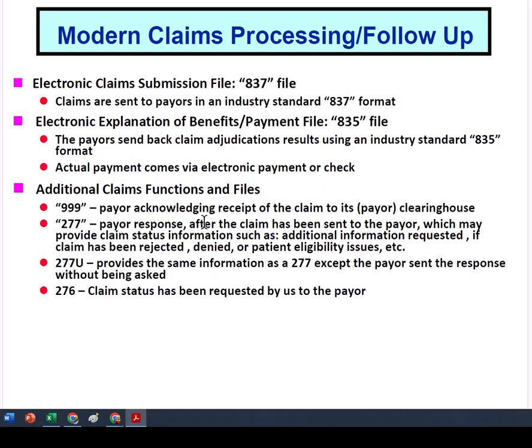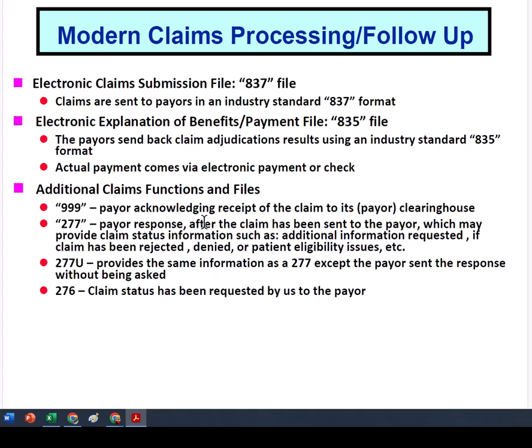And then we came up collectively with standard file formats, so that we didn't have to have a different electronic file format for every different payer. So the claim submission file format is called the 837 file. That's what we submit in that format to the payer. The explanation of benefit / payment file coming back from the insurance company to the provider is called the 835 file.